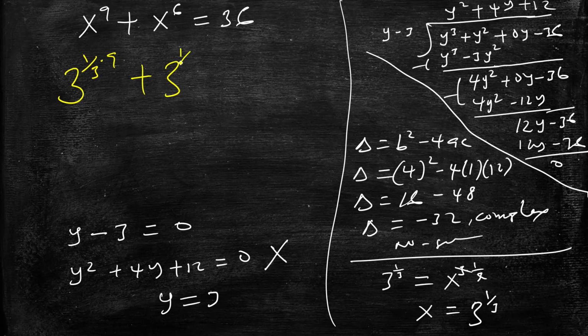So let's check if you get 36. 3 into 9 over 3 gives 3 to the power 3, and we have 3 squared. 27 plus 9 equals 36. So we have 36 equals 36. All right, so that's that.